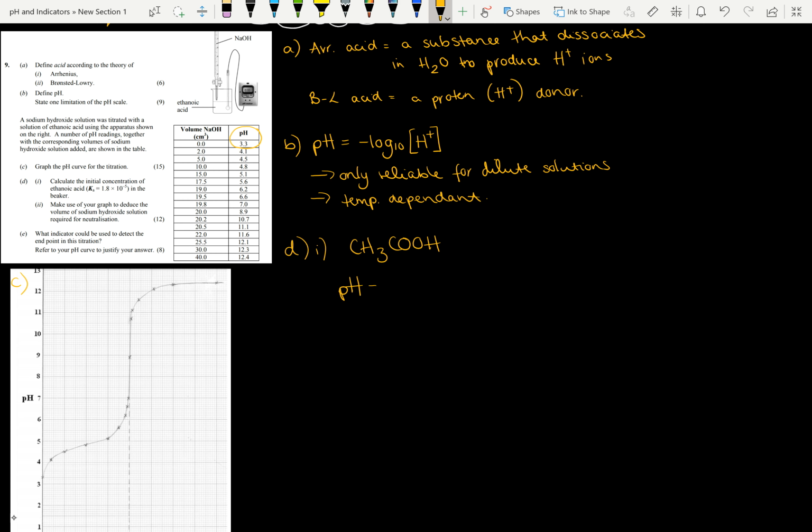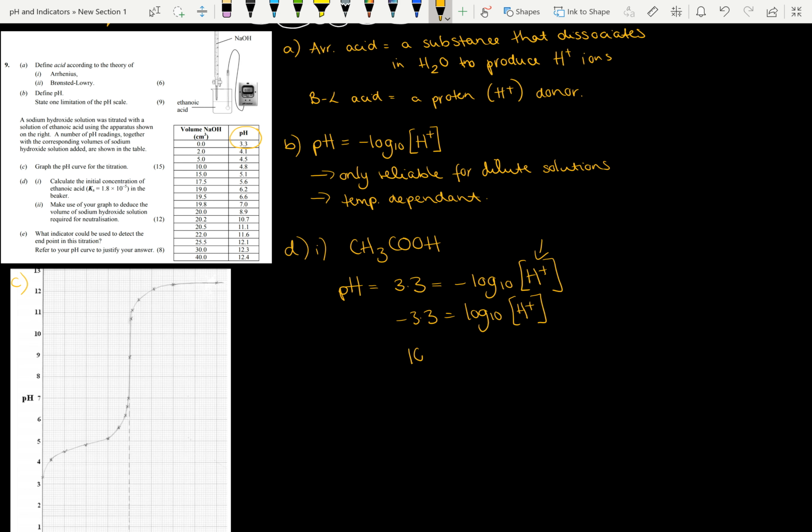So we know that the pH is equal to 3.3, and we know that that is equal to minus the log to the base 10 of the hydrogen ion concentration. So what we're going to do is calculate this hydrogen ion concentration, and use that then to calculate our initial concentration. So I'm going to bring the minus across here, and that will give me log to the base 10 of the hydrogen ion concentration.